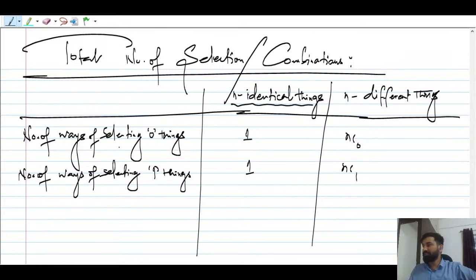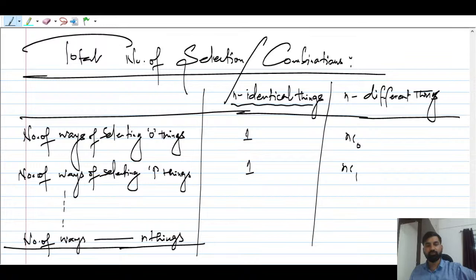Now suppose there are n ways of selecting n things. How many combinations are possible, guys? Only one. So it will be one and one. But for different things, it will be nCn.